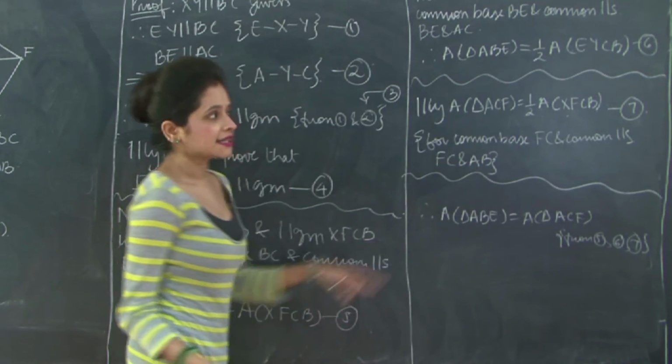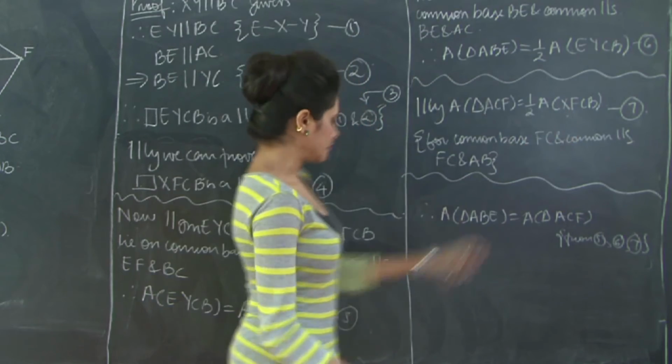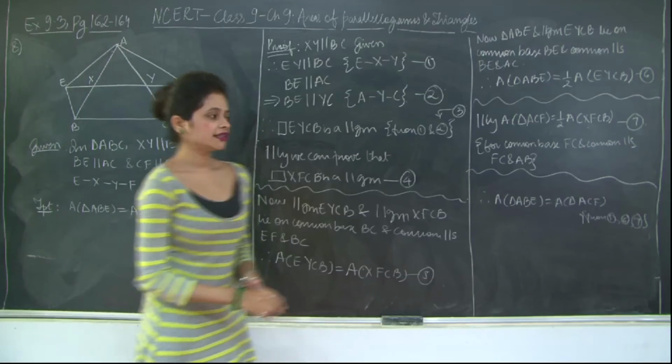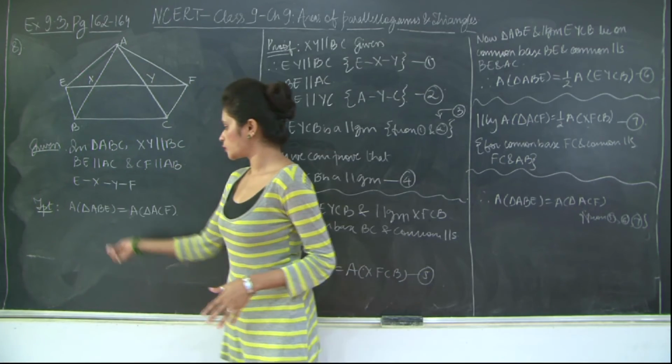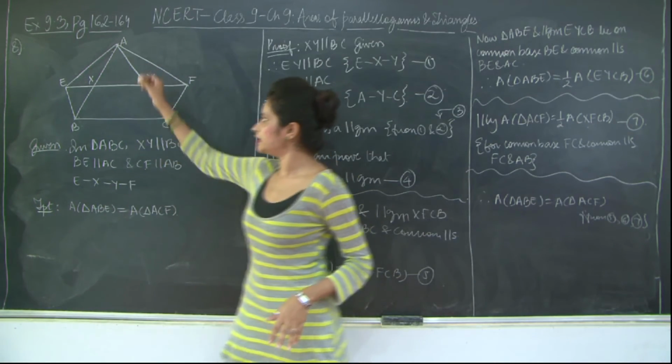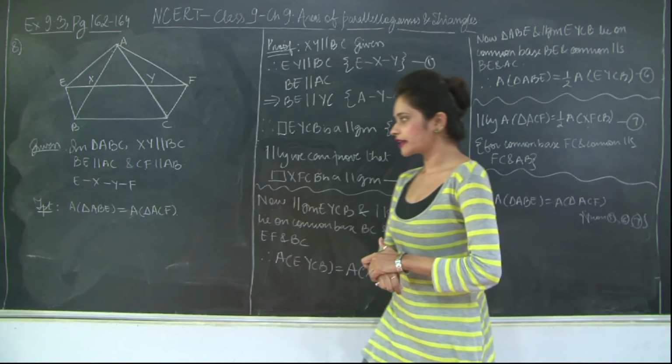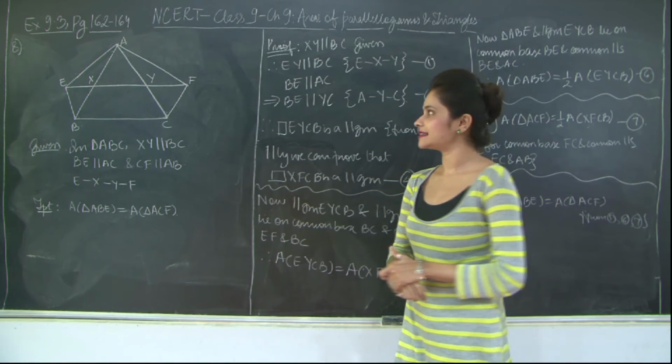Because equals that are equal to the same thing are equal to each other, right? Therefore, we have proved what was required, that is area of triangle ABE is equal to area of triangle ACF.